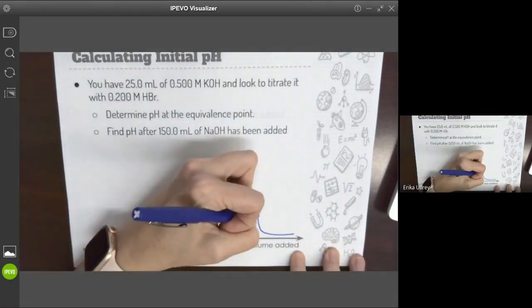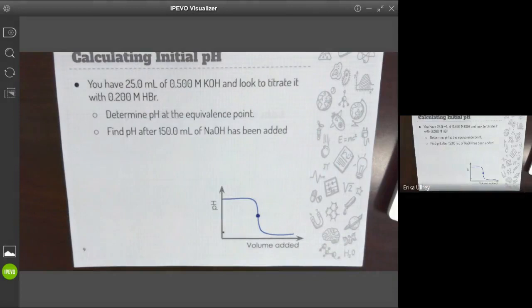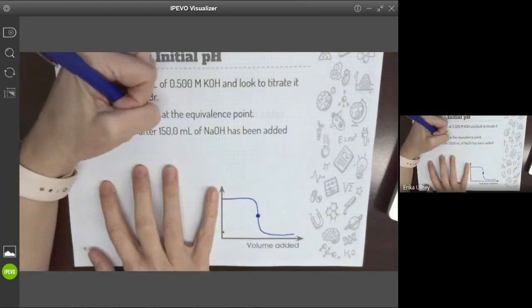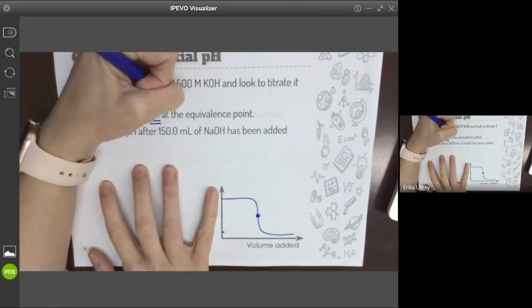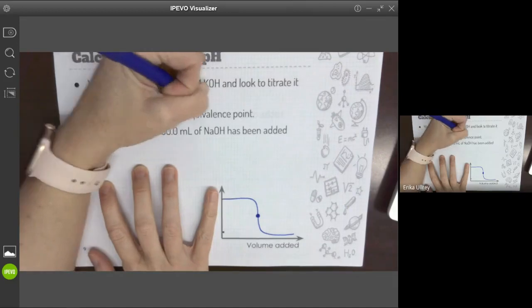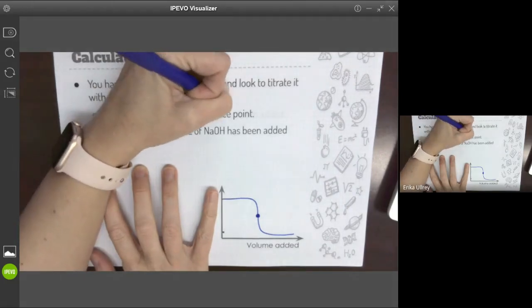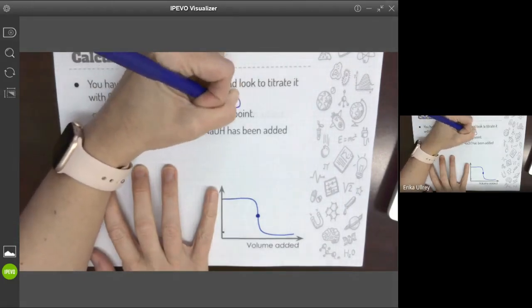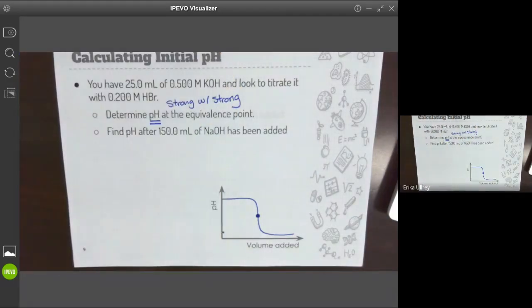So at the equivalence point, what is the pH going to be? It's okay, Drew. So if we take a look, here's our equivalence point. What is the pH if it's strong with strong? What is that pH going to be?